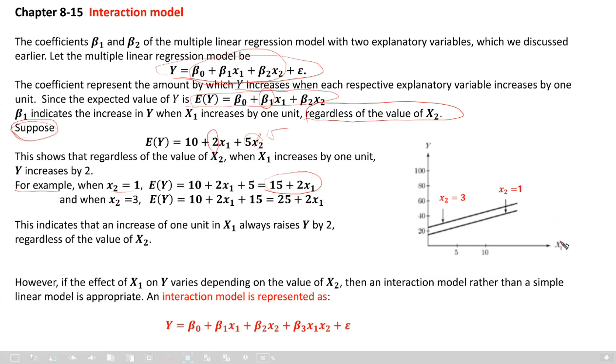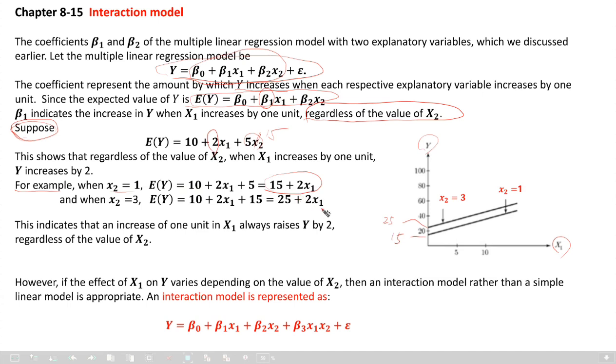Let's see this diagram: x1 on the horizontal axis, y on the vertical axis. For x2 equal to 1, the line is 15 plus 2x1. For x2 equal to 3, the intercept is 25 plus 2x1. The lines are parallel, and when x1 increases by 1 unit, y increases by 2 whatever value x2 takes.